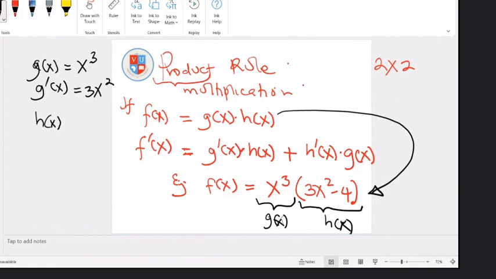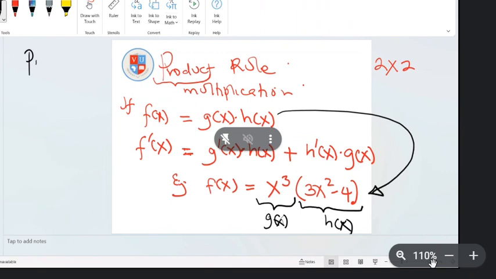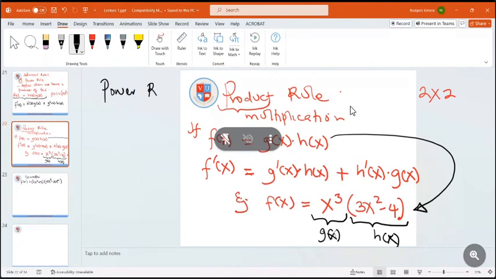So we talked about the power rule, and this is got from the power rule. My friend missed it, so I repeat it.